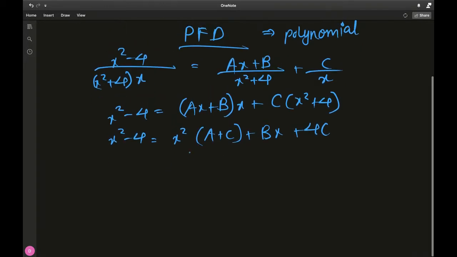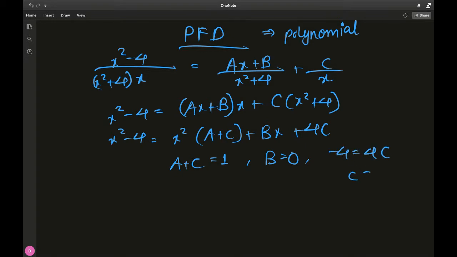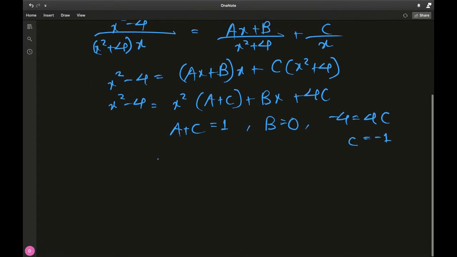Now comparing coefficients, a plus c should equal 1 and b will therefore be 0 because there is no x term, and negative 4 equals 4c, which means c is equal to negative 1. So a minus 1 is equal to 1 and a is equal to 2.